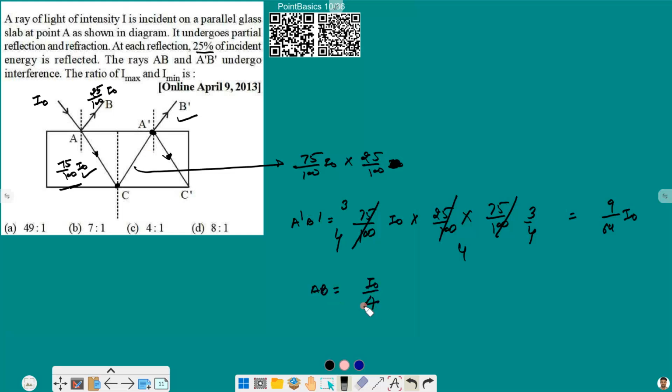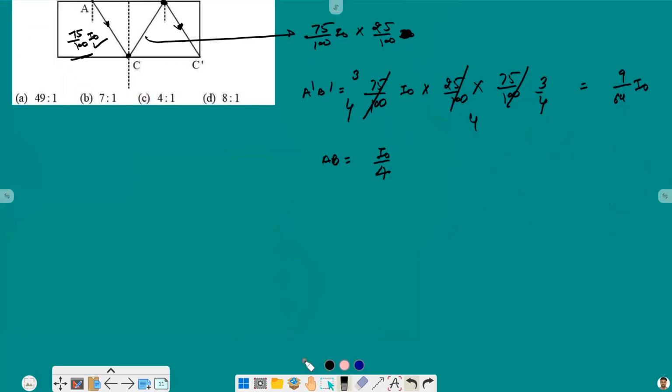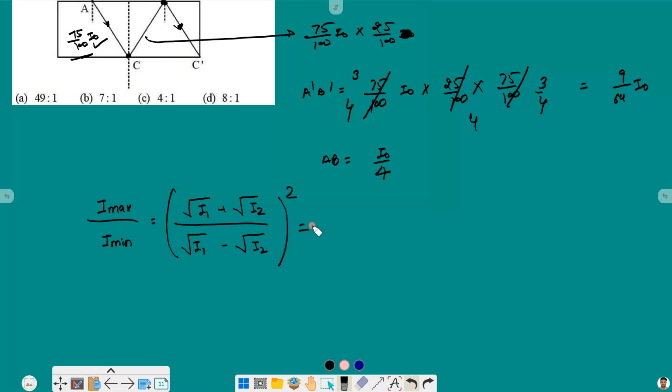Now we have to find the maximum to minimum intensity ratio. We know that I max by I minimum will be equal to the square of root I1 plus root I2 divided by root I1 minus root I2. Let us take this as I1 because it has a larger amplitude, and this as I2.